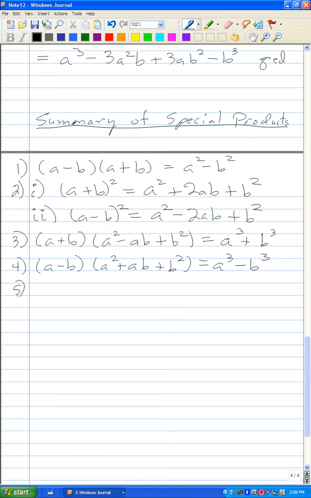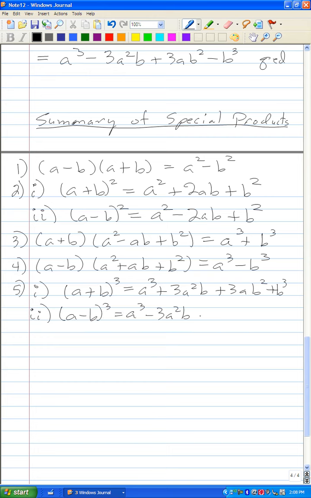I had the perfect cubes: a plus b quantity cubed is a cubed plus 3a squared b plus 3ab squared plus b cubed, and a minus b cubed is a cubed minus 3a squared b plus 3ab squared minus b cubed.